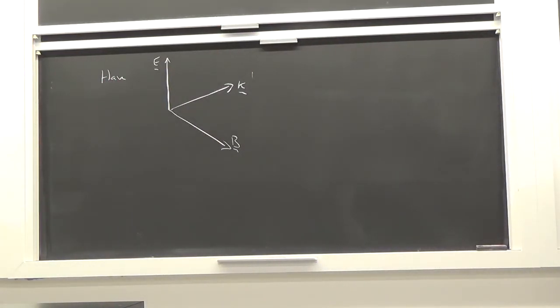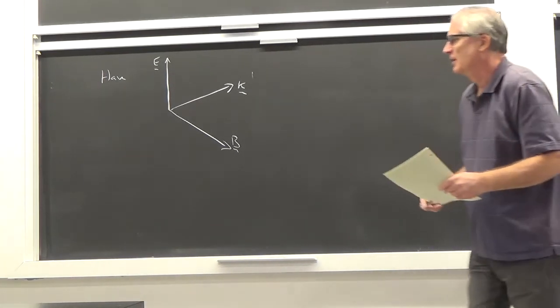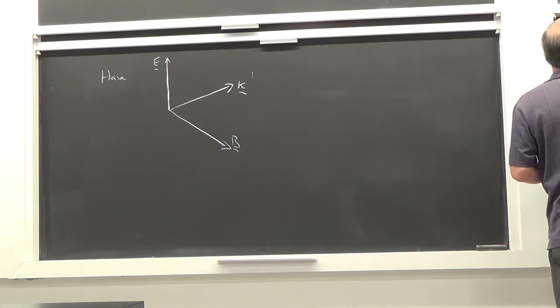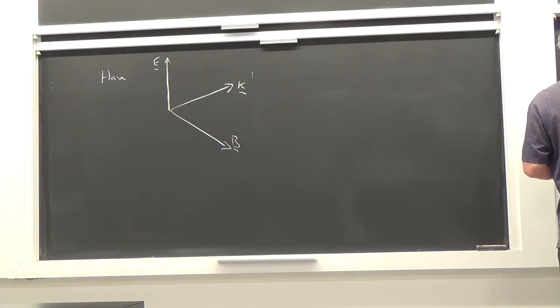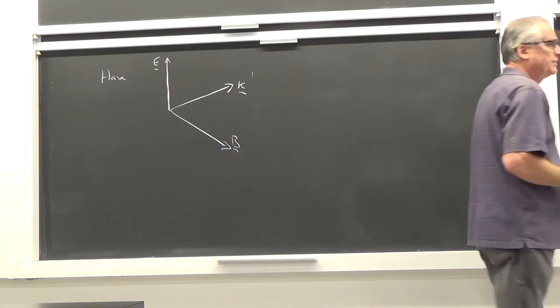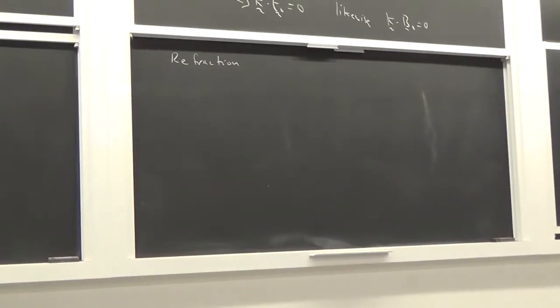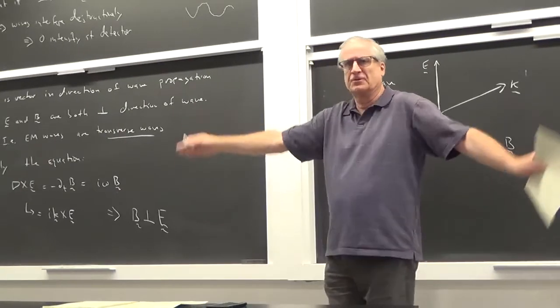So there are a number of interesting phenomena that come up with electromagnetic waves as these vector field waves. Let me consider first refraction. So we're going to violate our original assumptions. We said all space is uniform and isotropic and so forth.